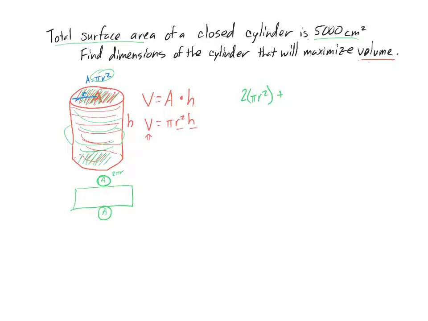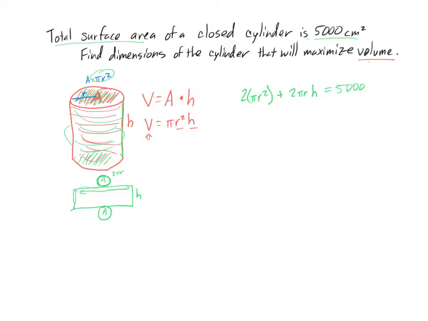So that's how long this is from here to here, because it has to wrap all the way around the circle. And the length of this side is whatever the height is. So this rectangle has an area of 2 pi r times h. So that is the total surface area, which is 5,000 centimeters squared. We're not going to worry too much about the units right now.